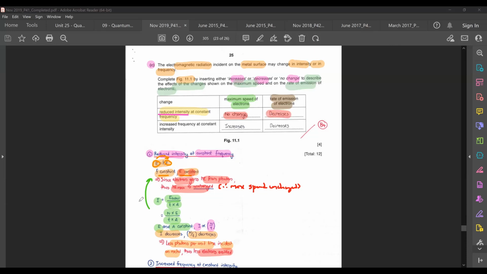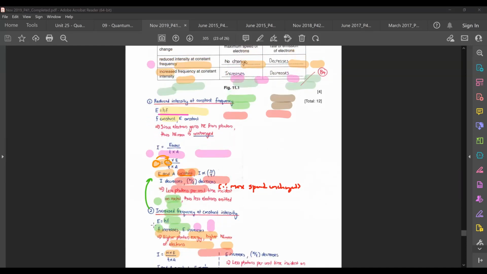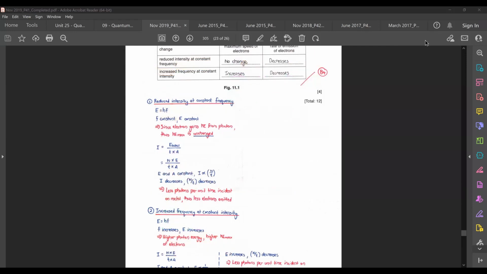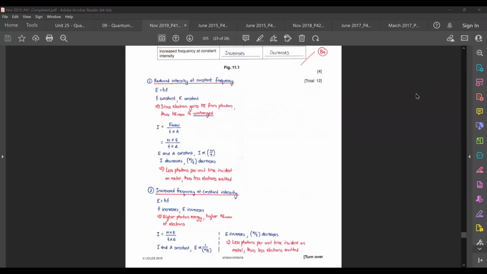Okay. Then how about the case where you have it the other way around, where your frequency is increased, but your intensity is constant. For the case where you now have increased frequency at constant intensity, the line of working is the same. Since E is equal to hf, E depends on your frequency.